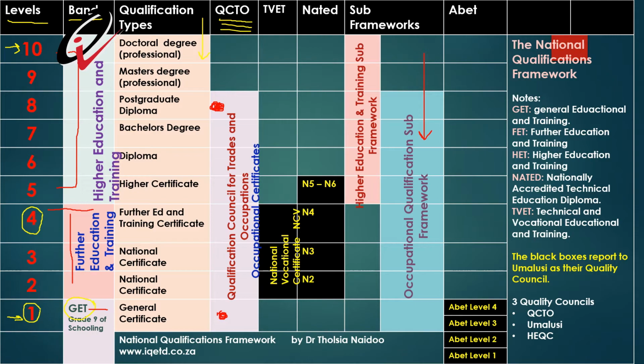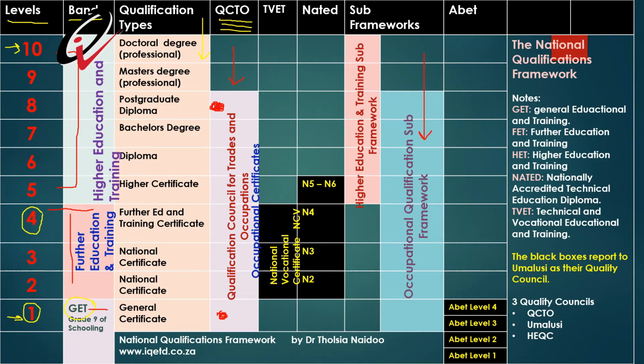However, in terms of the legislation, if they want to go up to level 9 and 10, they could write to the minister and say we're now ready to develop qualifications. So they're not closed from developing qualifications all the way up to level 10. We will speak on another video about the QCTO itself and the difference between their qualifications and other qualifications. For now, I will focus just on the NQF.